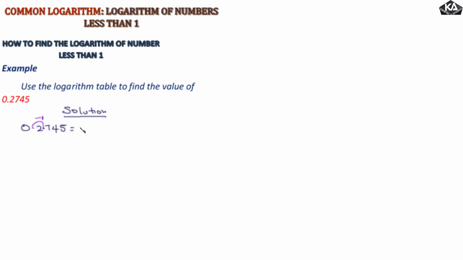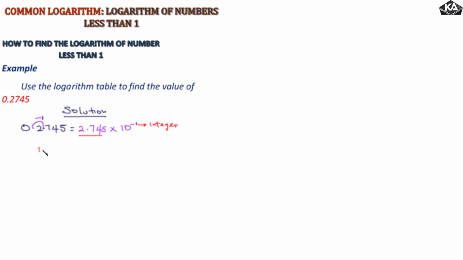Then the standard form for this value is 2.745 times 10 raised to power -1. After getting this, note that this is called the integer. Now what we are going to be using to look for our logarithm will be this number.